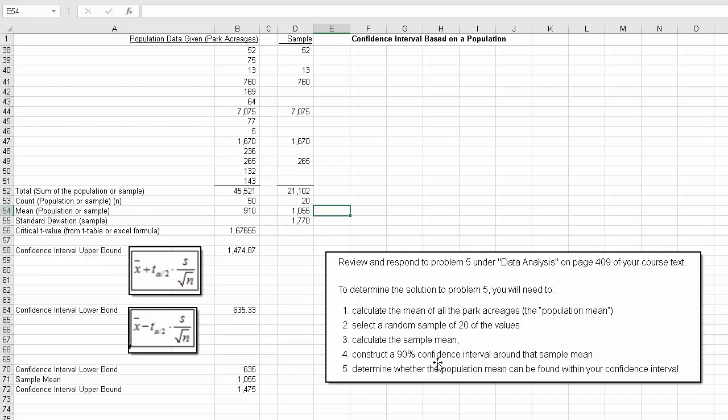Okay, did we construct a 90% confidence interval? Yes, that was probably the hardest part because we had to come up with a critical t-value and then use this formula to determine the confidence interval at the upper and the lower amount. And then the last one, did we determine whether the population mean can be found within our confidence interval? And we said yes.